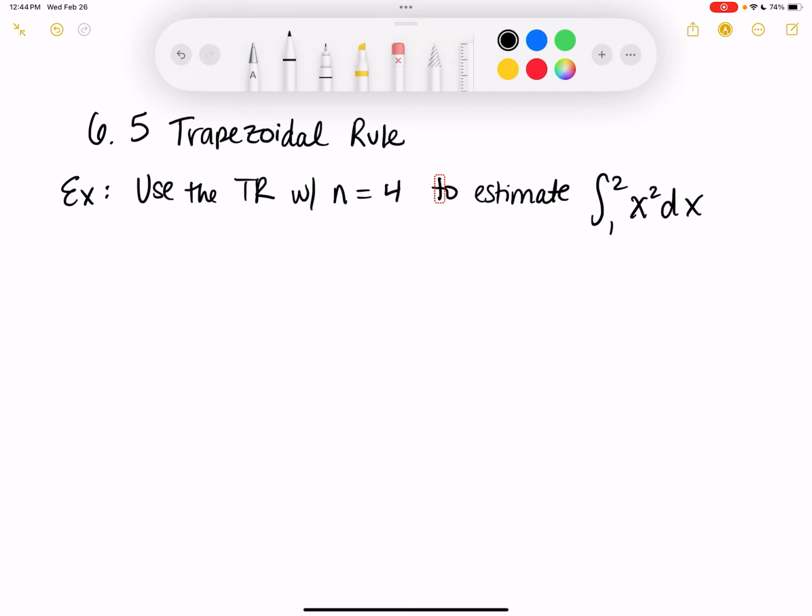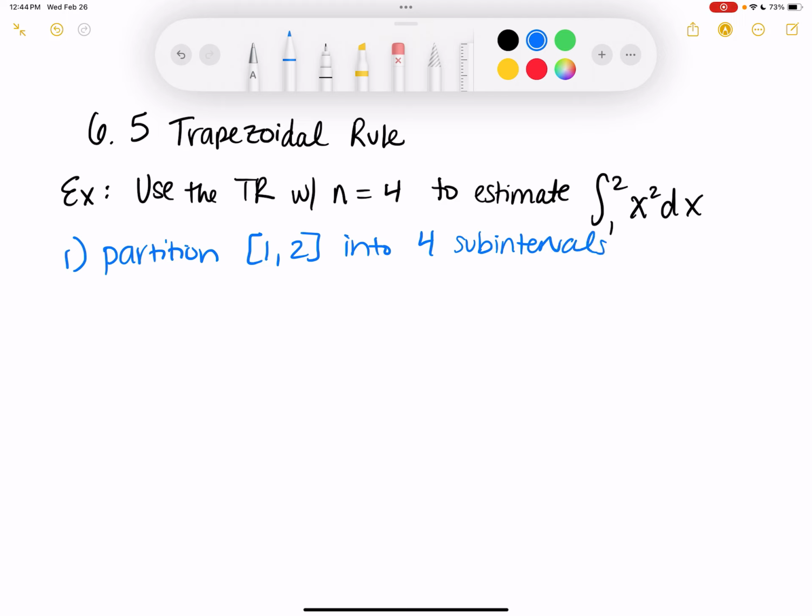All right, so obviously we can do this with NINT to see what that's equal to. But the first thing that we do is partition 1 to 2 into 4 subintervals. That's what the n equals 4 tells us: how many subintervals we're going to have.